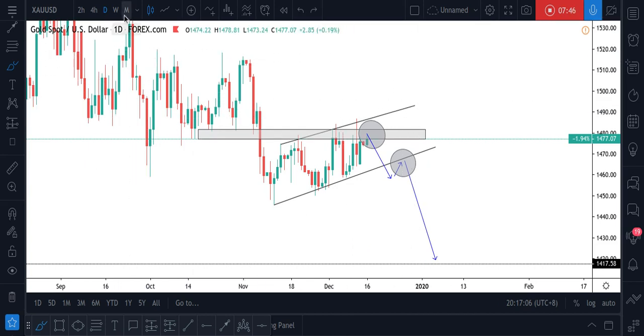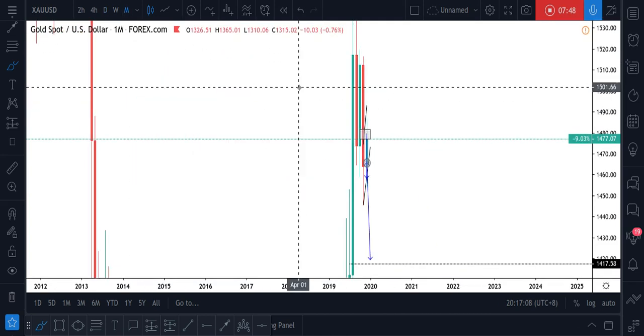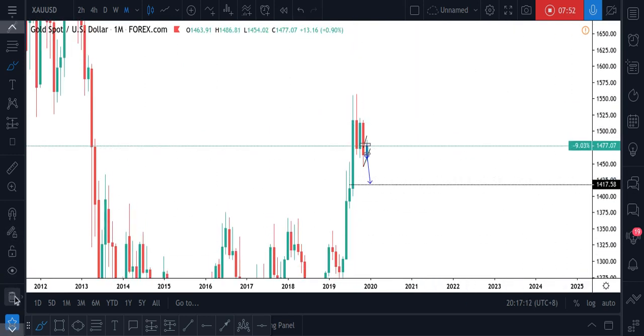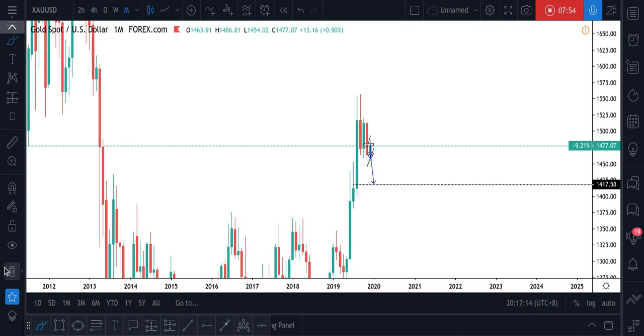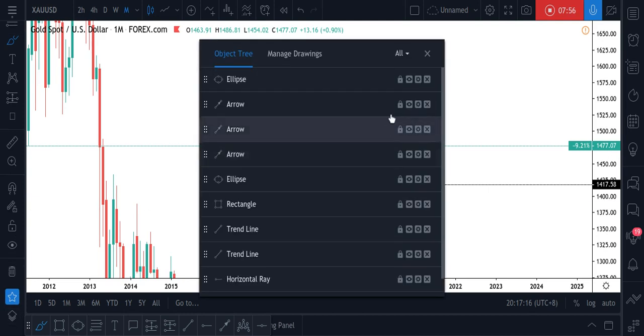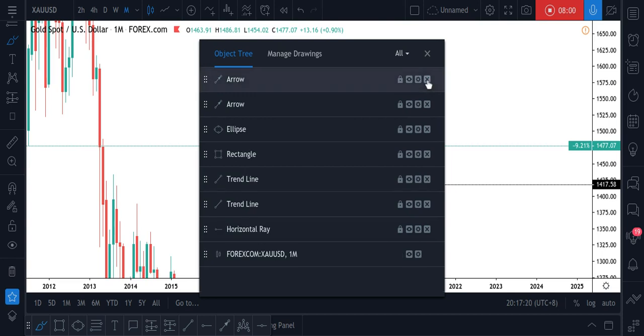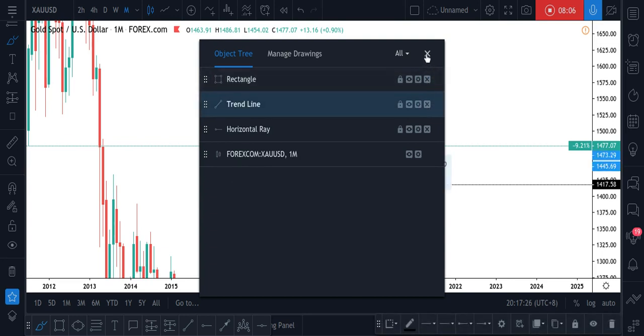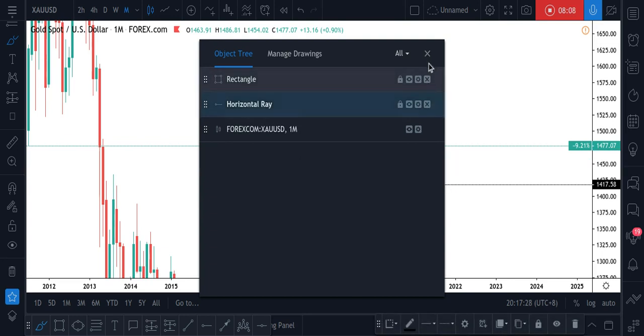Now if you have a look on the monthly time frame, you can see that this monthly candle is trading above last month's high, and what you want to see is this candle close below it.